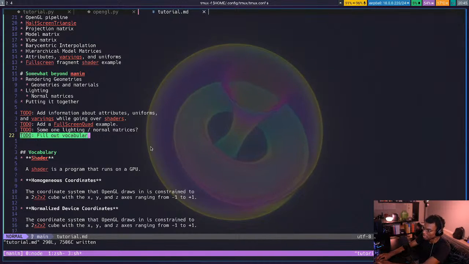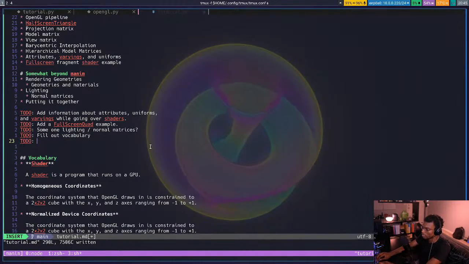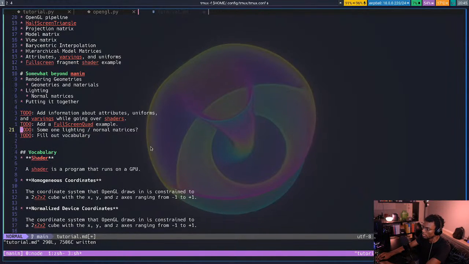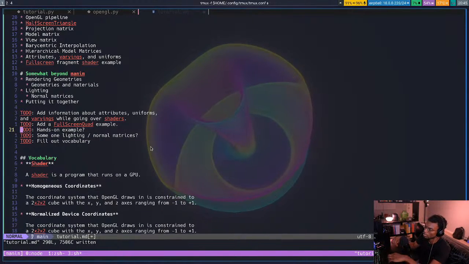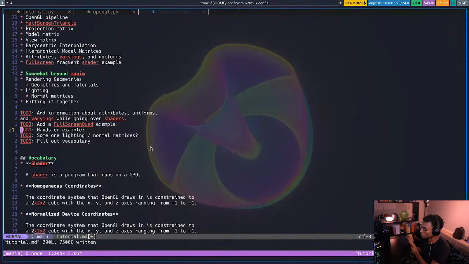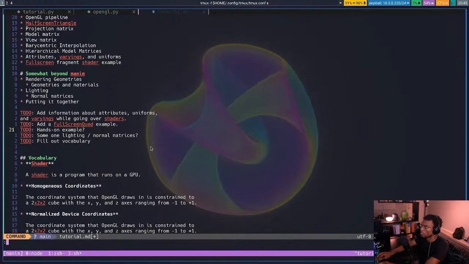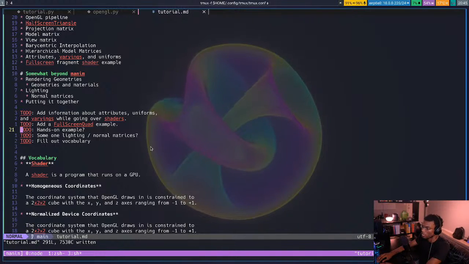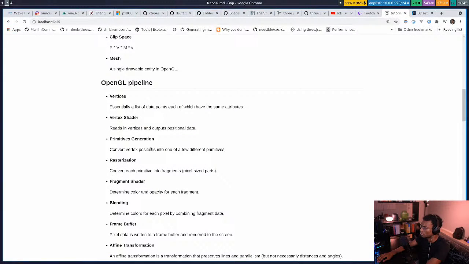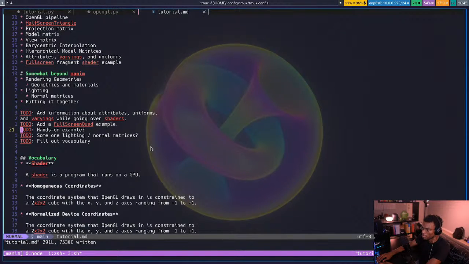Probably some more hands-on examples, like at least one. Something where it's like, okay, make the code do this would probably be nice. Then if I went over all those, I'd probably be good to teach this. Great. Okay, but I'm not going to do that now.